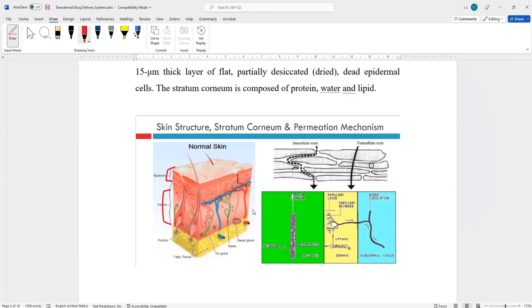In the epidermis, the upper layer here is called the stratum corneum, consisting of dead epidermal cells, dry cells, etc. And this stratum corneum, the most upper layer of the skin, is a barrier.